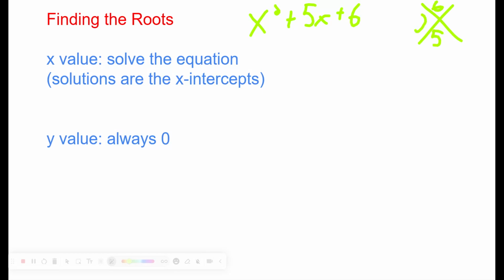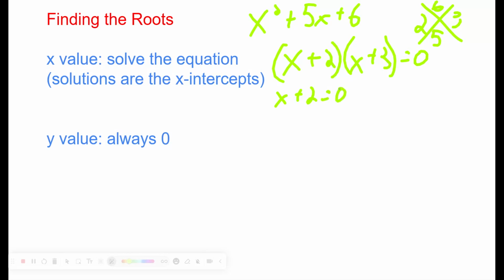I've got 2 times 3 equals 6, and 2 plus 3 equals 5. So x plus 2 times x plus 3 equals 0, x plus 2 equals 0, x plus 3 equals 0, and so my solutions here would be negative 3, negative 2.